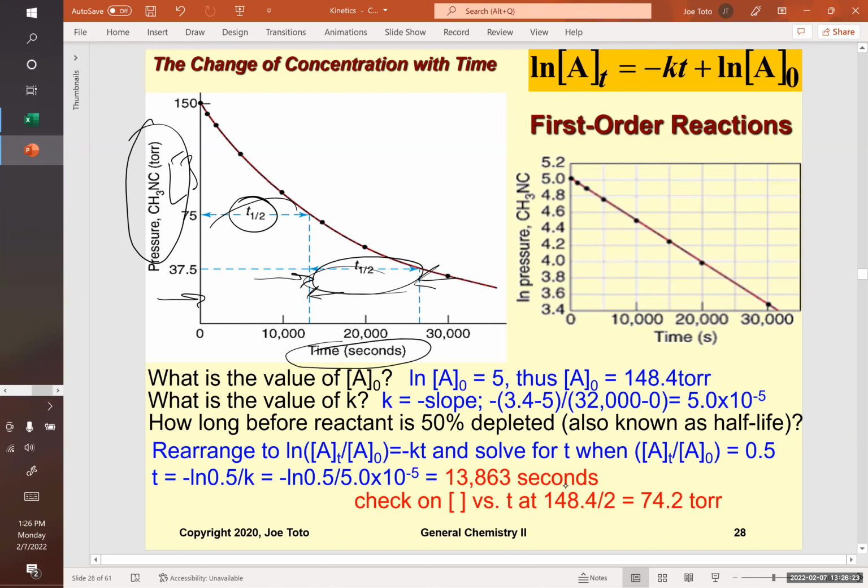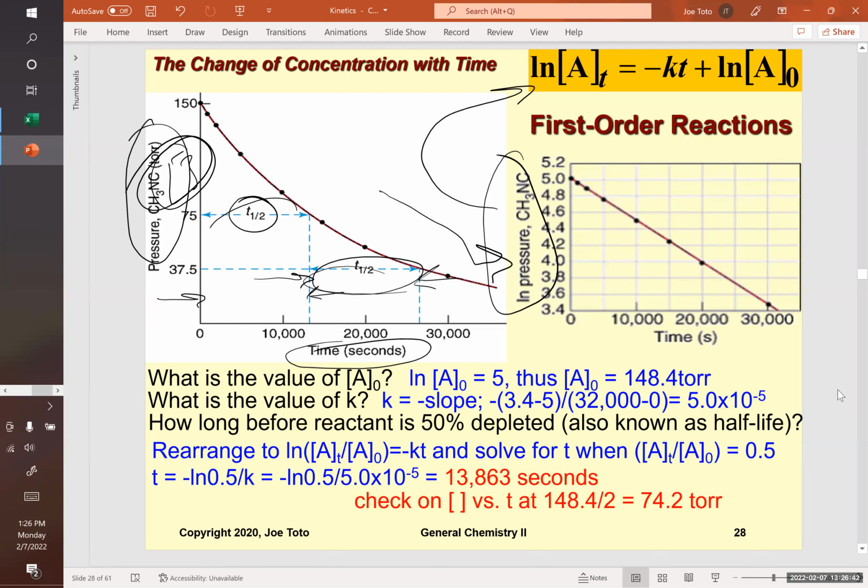If I wanted to see this as a linear function, then the integrated rate law says I can't plot just concentration versus time. I should be plotting the log of concentration versus time, because that's what the integrated rate law says it should be if I want a linear function. In other words, a y equals mx plus b type of function.